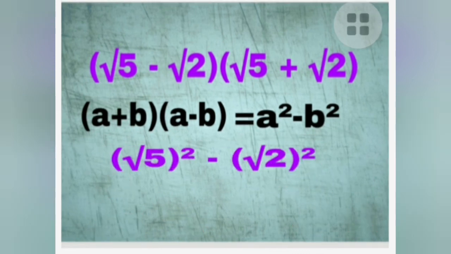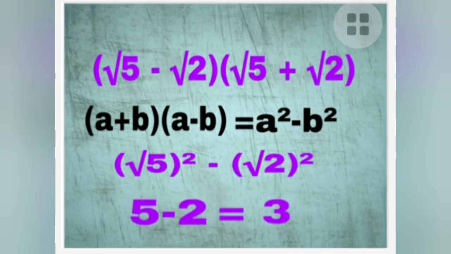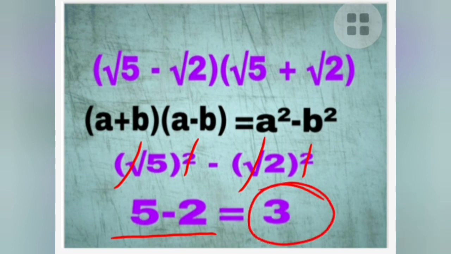When we apply this, the root and square get cancelled for both the numbers, we will get 5 minus 2, and 5 minus 2 is equal to 3. That is the solution for our fourth sub question.